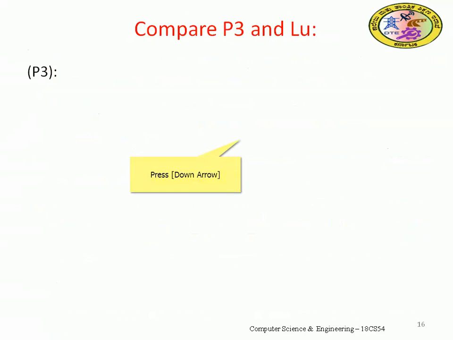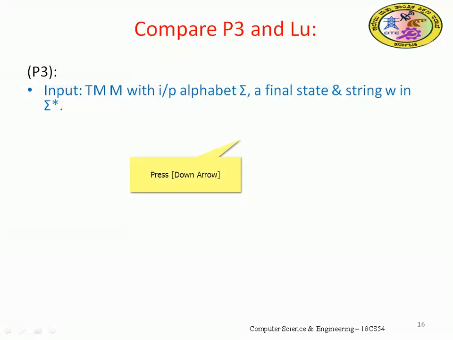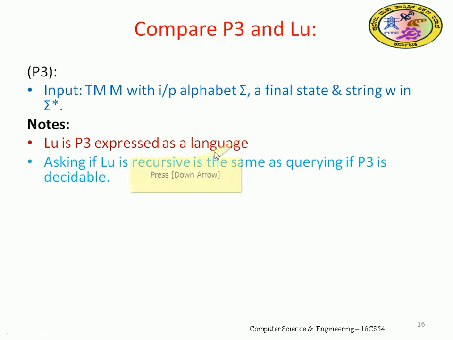Compare this P3 and the universal language. The input is a Turing machine M with input alphabet sigma, final state, and string W in sigma star. Note that the universal language is P3 expressed as a language.